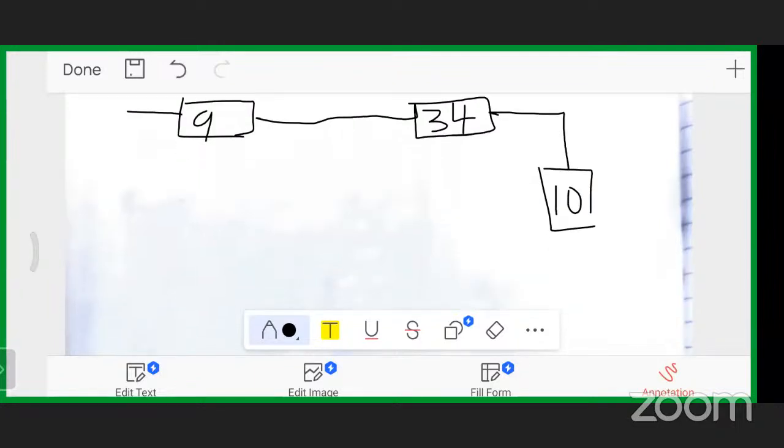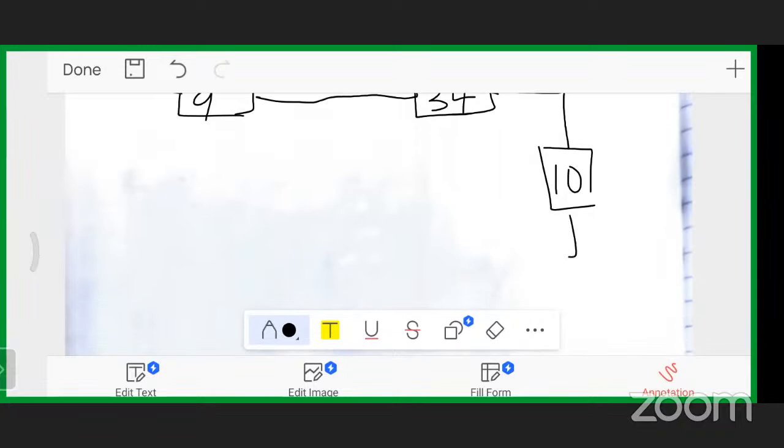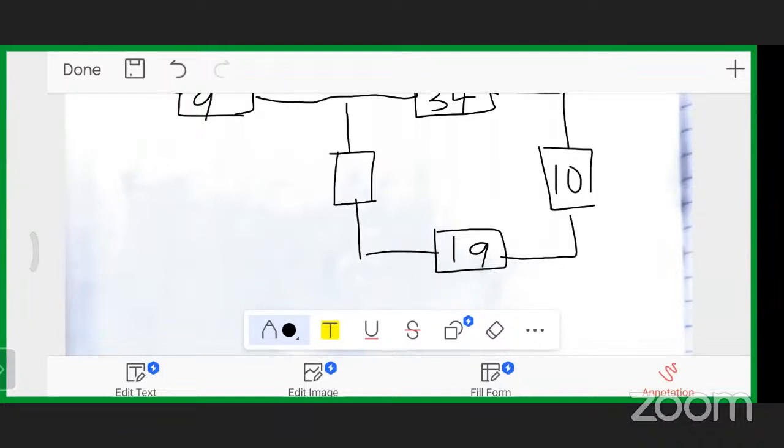That is 10. Then 19. Then there's one connecting the two here. That is 18. Let me write it from the outside. 18.